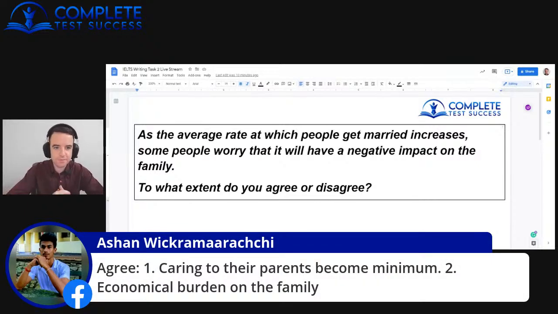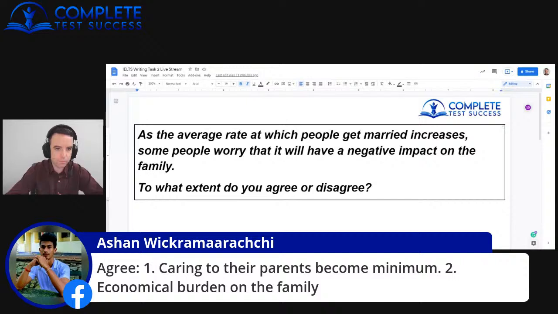Ashan, good to see you here as always. Caring to their parents become minimum. I'm not sure what that means. Economical burden on family. I'm not sure what that means. Perhaps you're saying that they would live at home with their parents for longer if they get married when they're older.